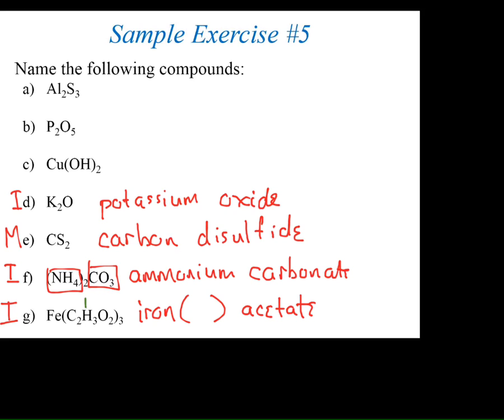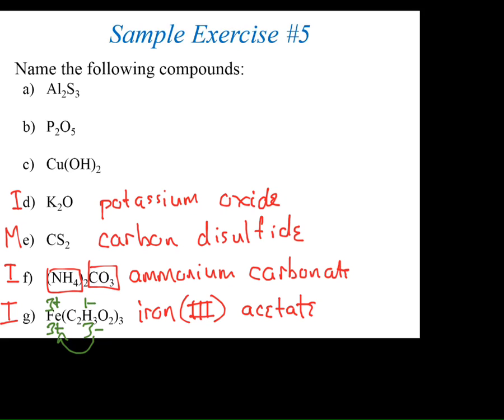It's negative. And we have 3 of them, so that's 3 negative. So all of the irons must be 3 positive. And there's only 1 iron, so that 1 iron must be 3 positive. So iron 3 acetate. Great.